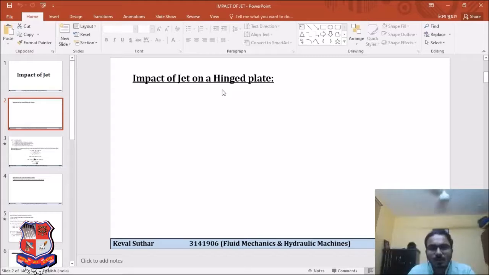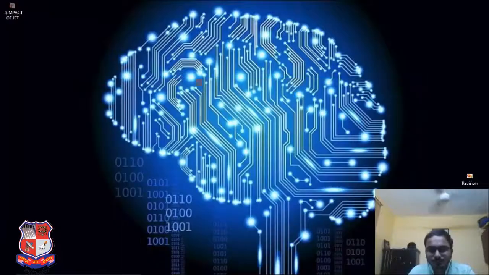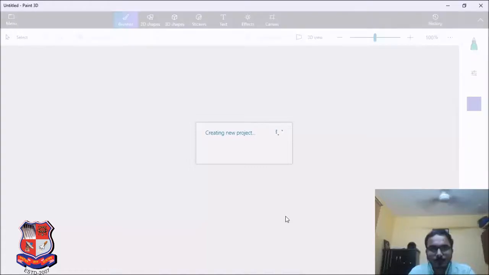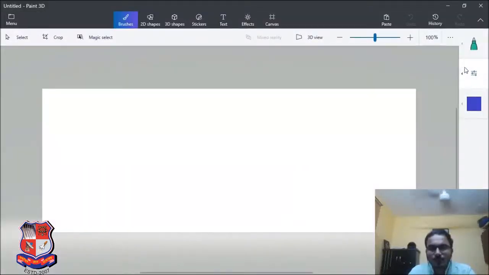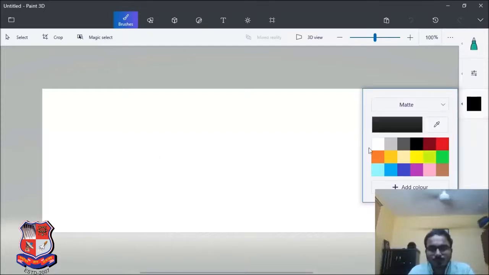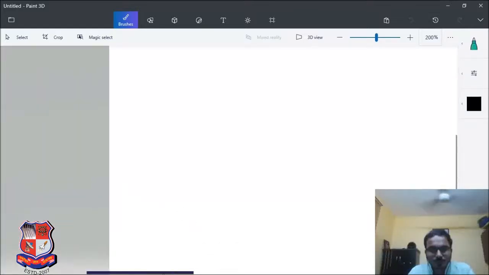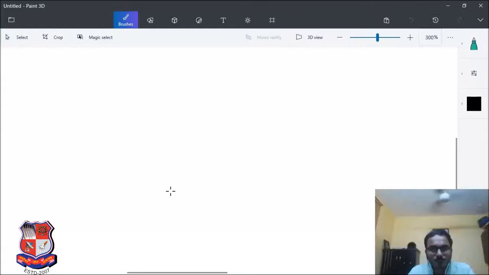First we will draw a figure and try to understand the arrangement of the hinged plate. So initially the plate is kept vertical.